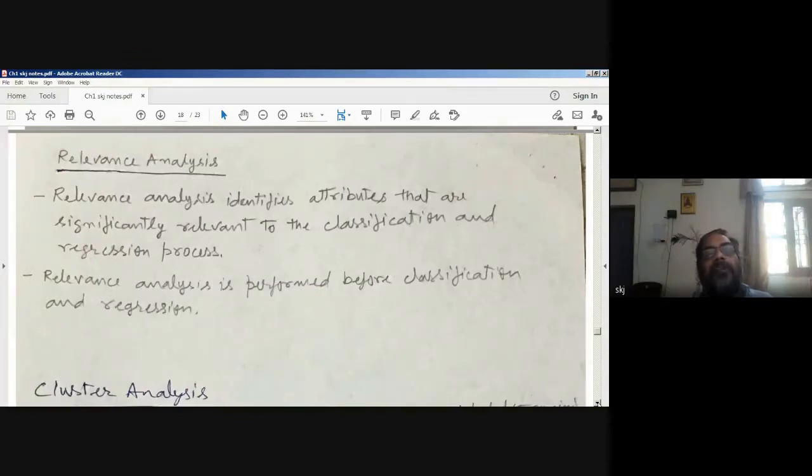So relevance analysis here identifies attributes that are significantly relevant to the classification and regression process.